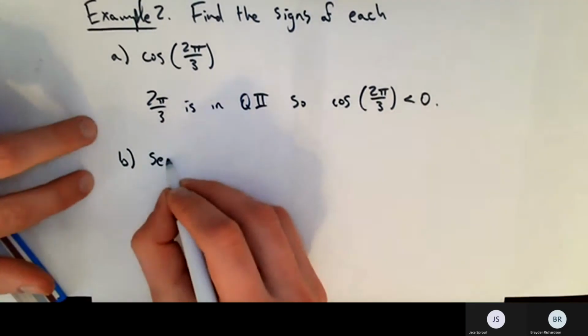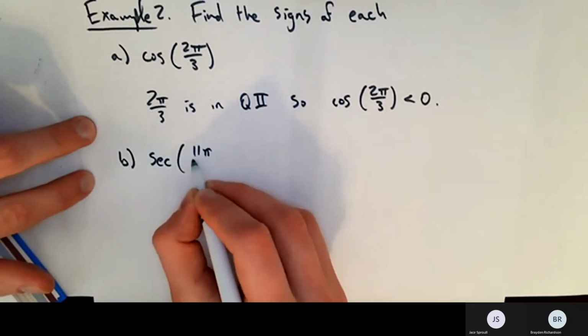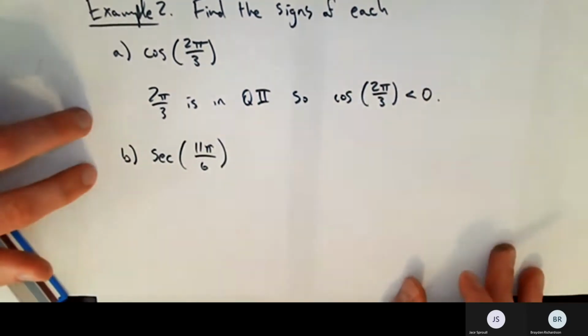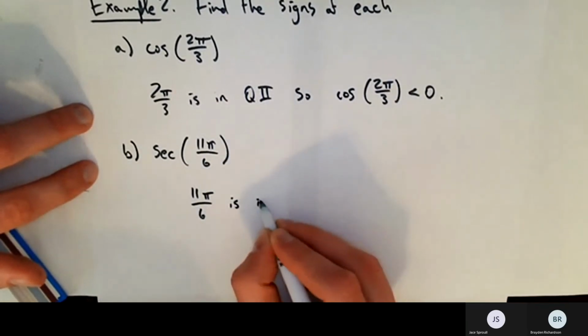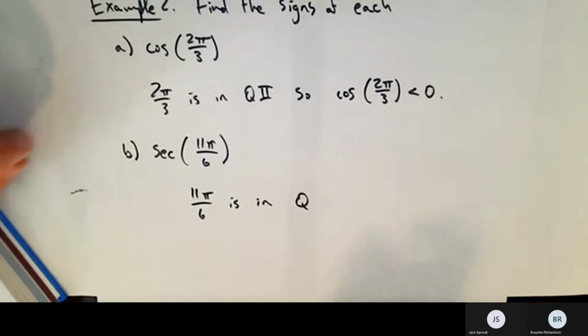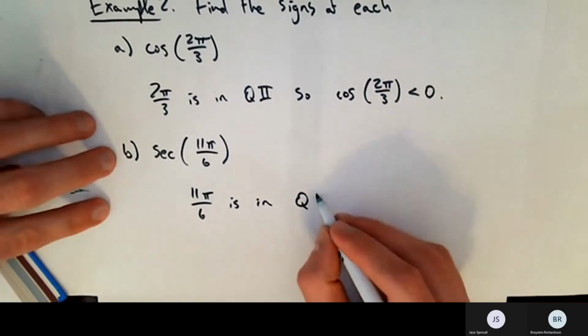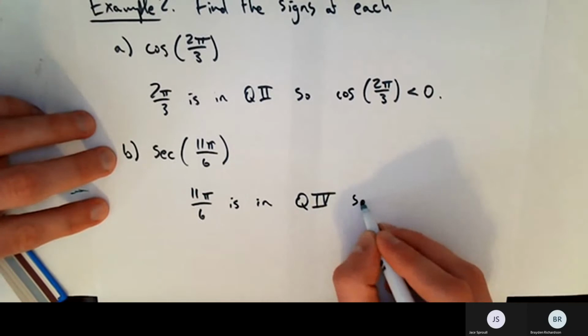How about secant of 11 pi over 6? Well, 11 pi over 6 is in quadrant, where is that? That's almost a full revolution, right? 12 pi on 6 would be a full revolution, so this is in quadrant 4.